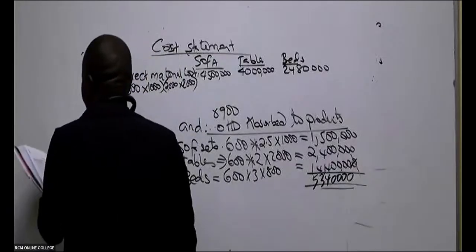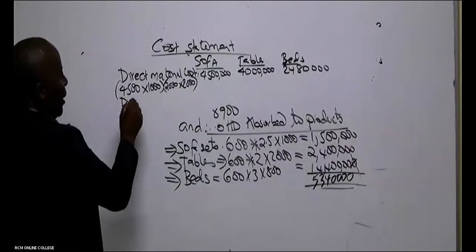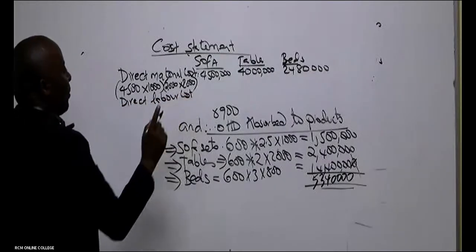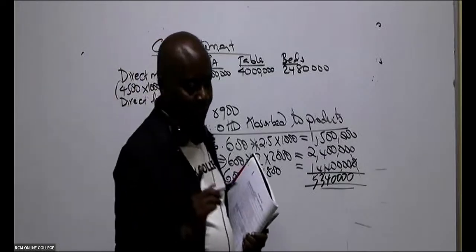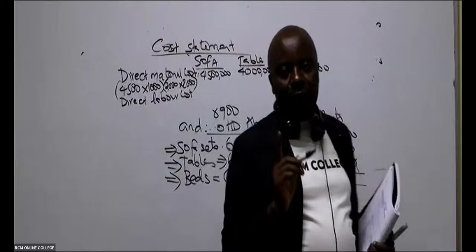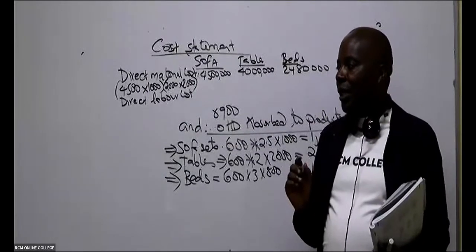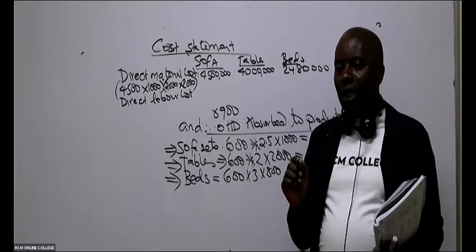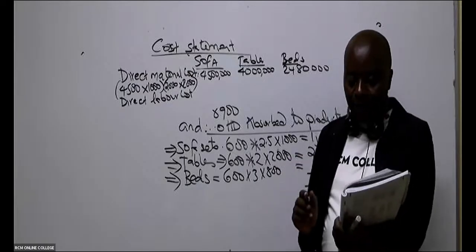From there, we go to direct labor cost. Is there somebody who can give me the direct labor cost for sofa set? I know direct labor costs are a function of labor hours and the labor rate.